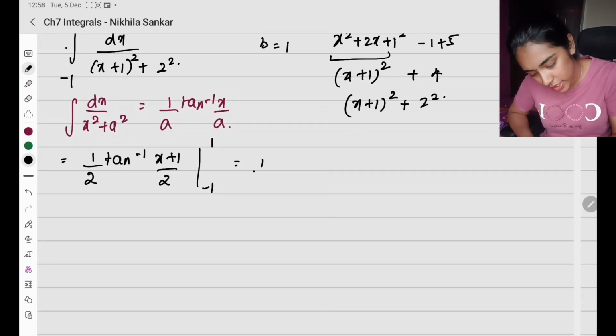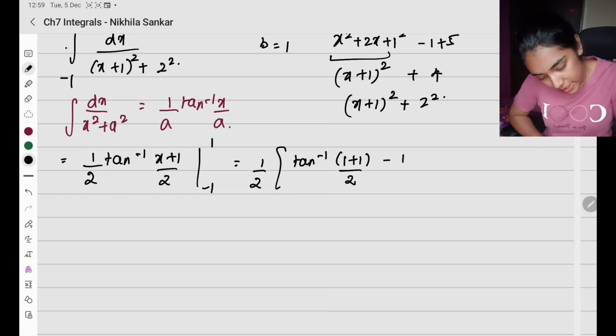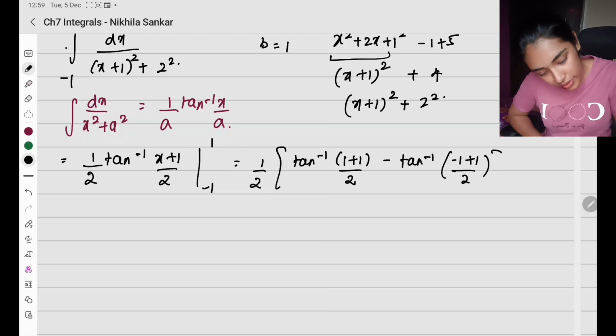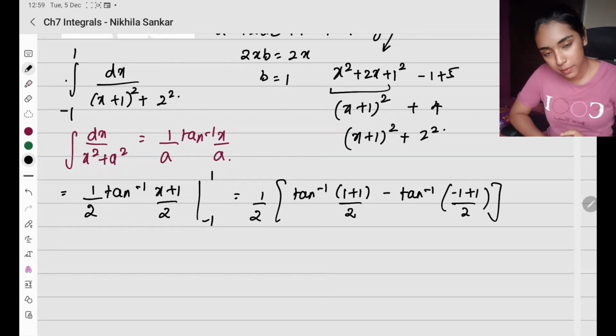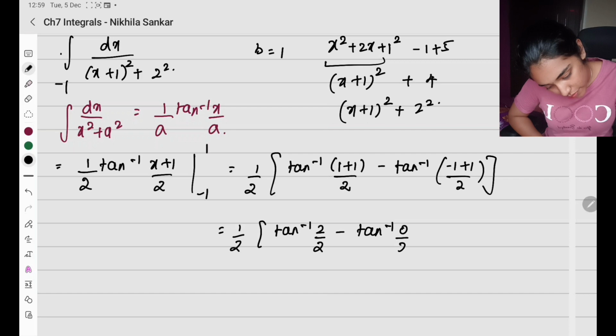I take 1 by 2 common. Tan inverse of the upper limit, 1 plus 1 divided by 2, minus tan inverse of minus 1 plus 1 divided by 2. Understood? Upper limit minus lower limit. So I have half tan inverse of 2 by 2 minus tan inverse of 0 by 2.